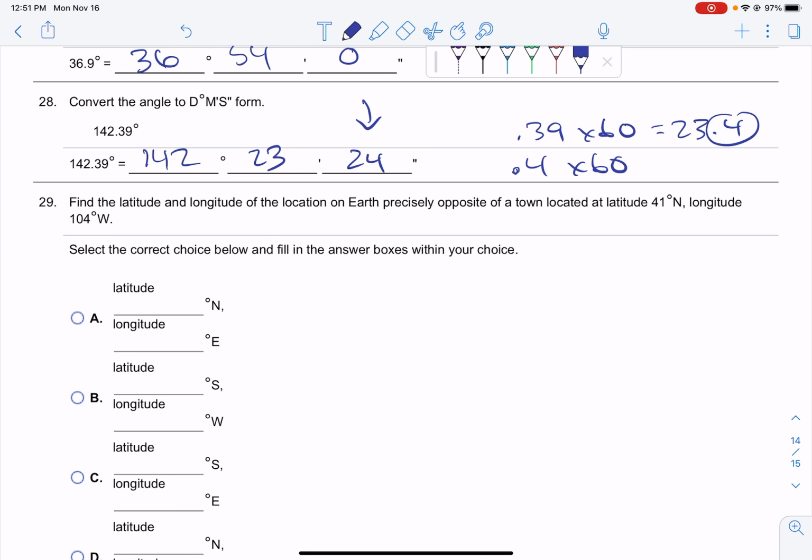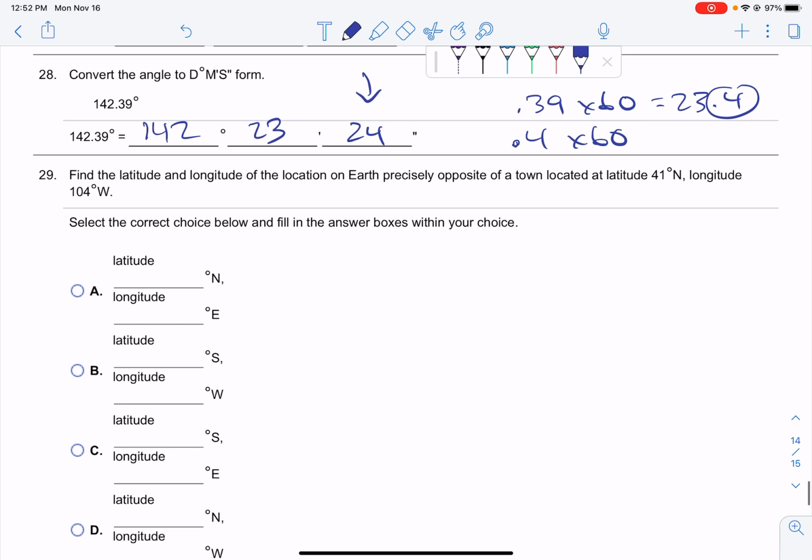Okay, find the latitude and longitude of the location opposite 41 degrees north, 104 degrees west. Now remember, the north, we just change to south. So the 41 degrees north becomes 41 degrees south.